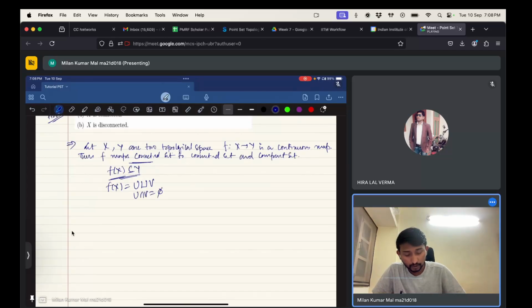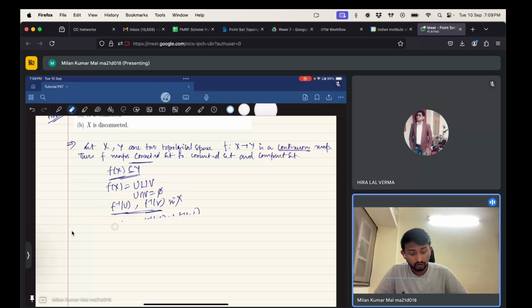Now f inverse of U and f inverse of V will also be open in X, because f is continuous, so the pre-image of every open set under f is open. These two are obviously disjoint, and we can write X as the disjoint union of f inverse of U and f inverse of V. That contradicts the fact that X is connected.